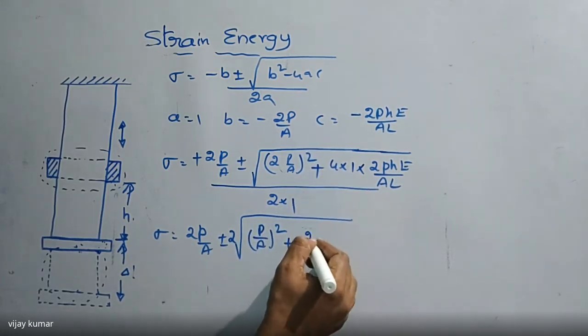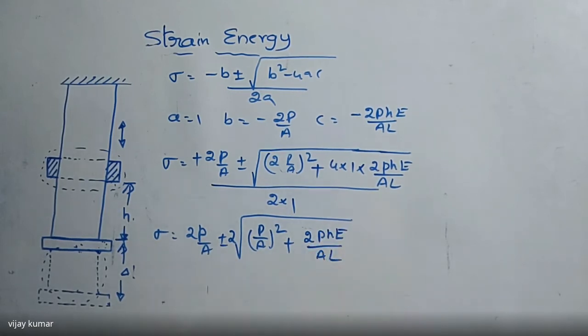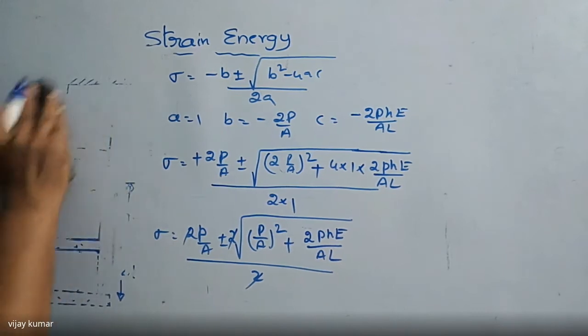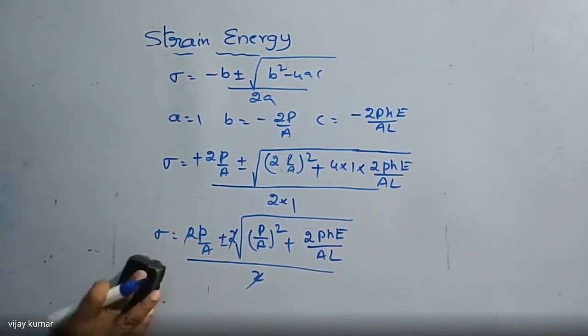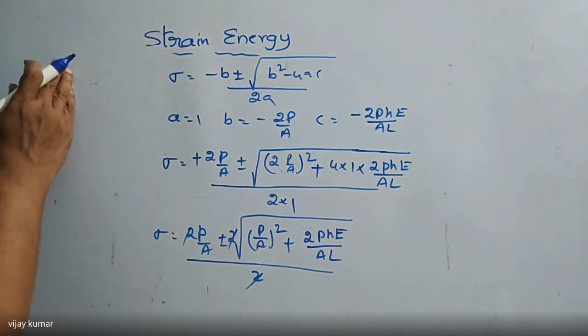Then we are writing here 2PHE divided by A into L, divided by how much? 2. The 2s all cancel. Then I am getting the equation here. Did you get the point or not?